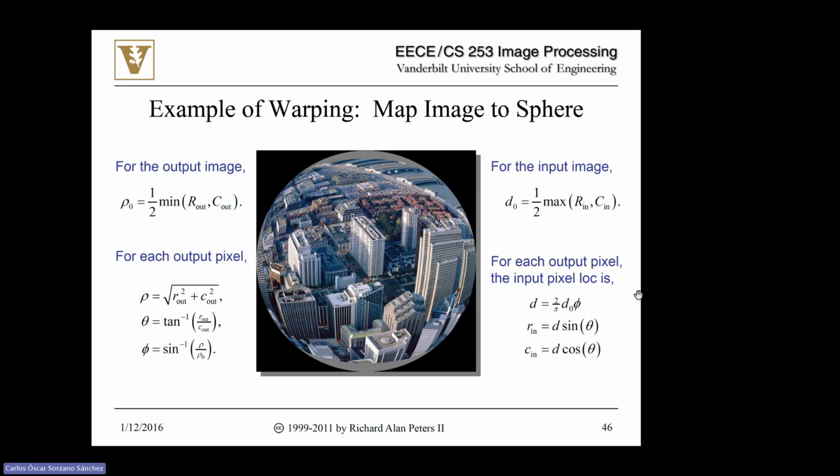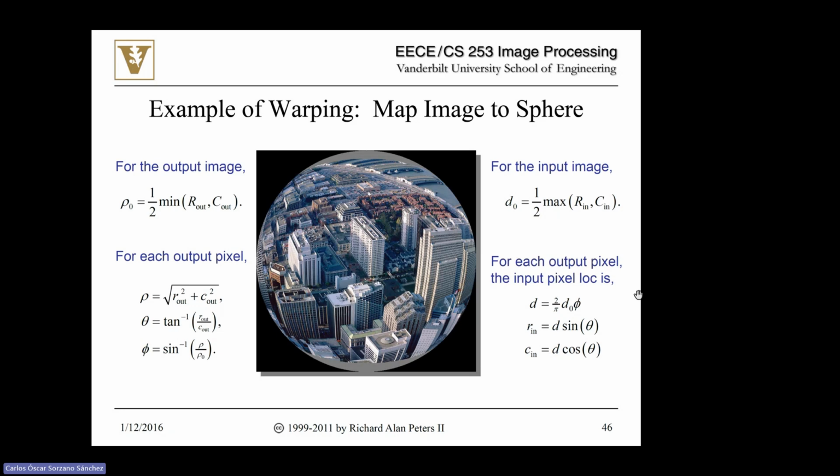You compute some parameters for the output, and then for every point in the input, you compute some parameters, and then you use those parameters to go to the location in the square image. You have to interpolate there, and this would be the result. So it is a way of mathematically simulating how you would see the images in these spherical cameras when you only have a square image.